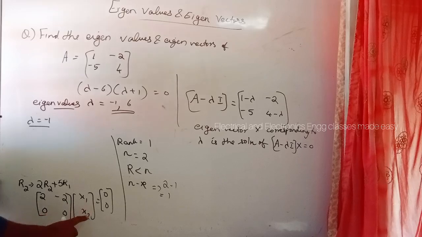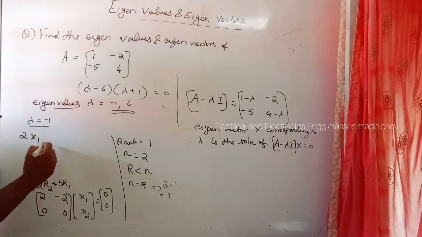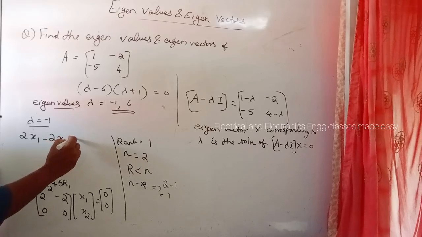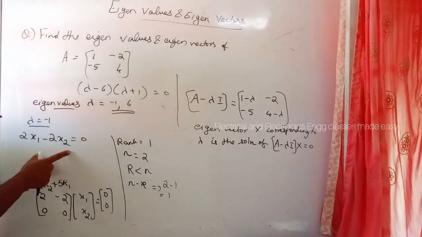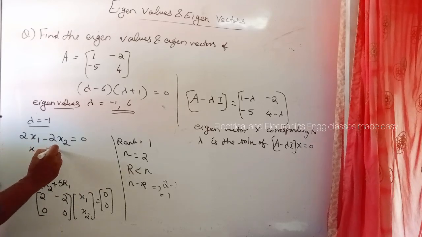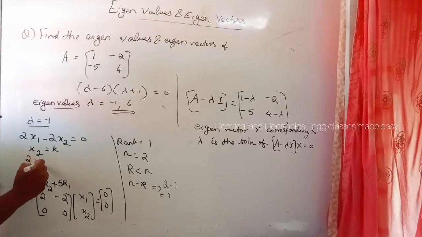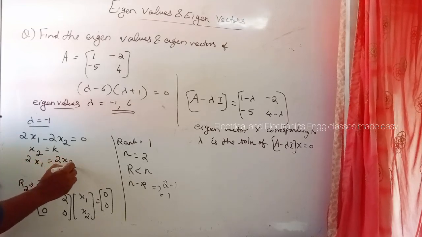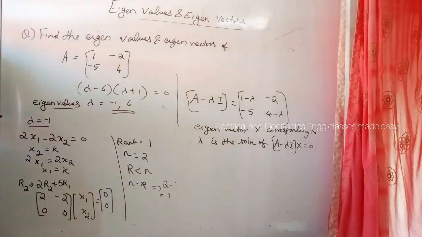From this equation we can write 2x1 minus 2x2 equal to 0. Let us assume x2 is equal to k. Then what will be x1? 2x1 equal to 2x2, so x1 is equal to k.